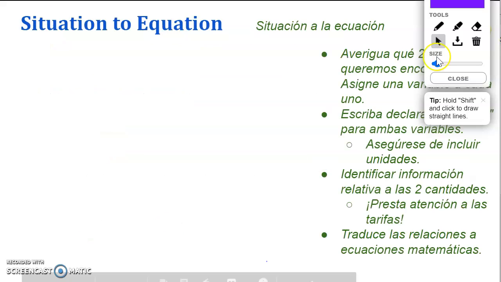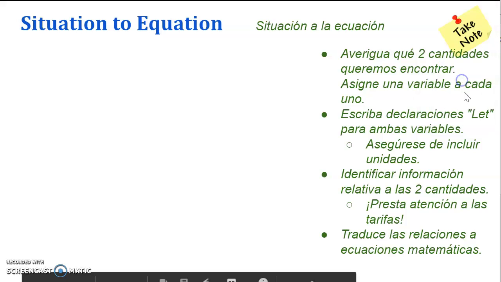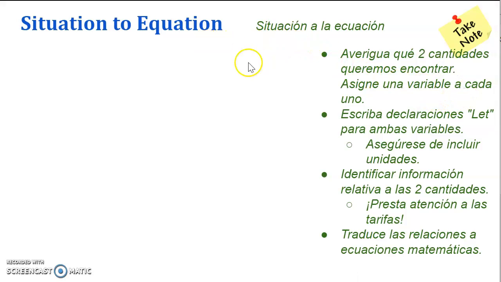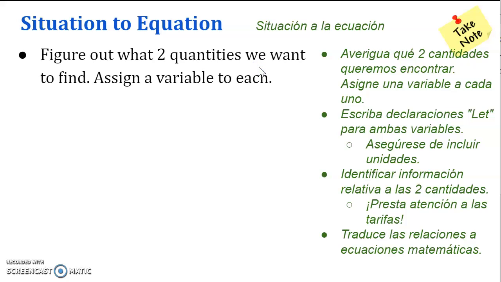Okay, so I would like you to take notes on this now. These are notes on the steps to figuring out the equations, translating them, and then finding the solution. So when you have a worded problem and we're trying to convert it to an equation, you first figure out what two quantities we want to find.